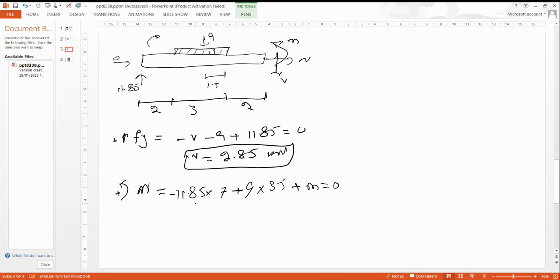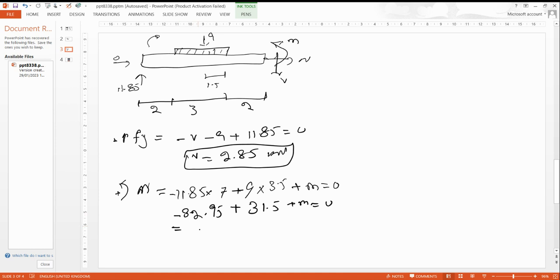So 11.85 multiplied by 7, the answer is 82.95, plus 9 multiplied by 3.5, which is 31.5, plus M equals 0.